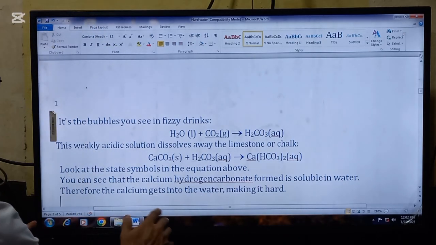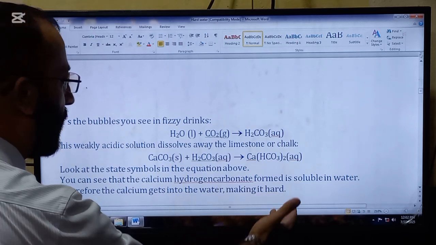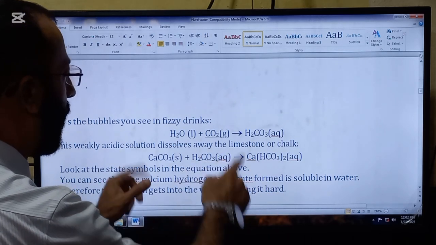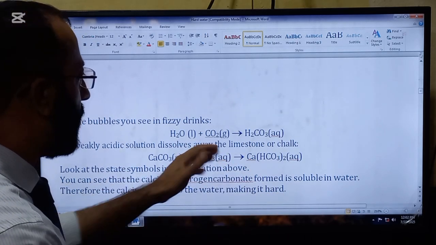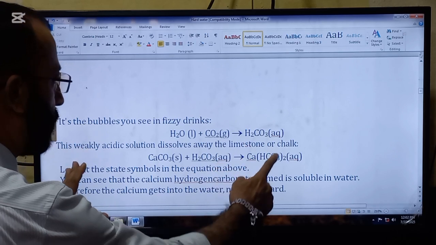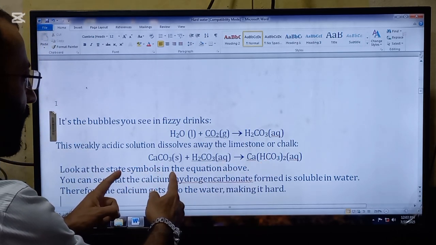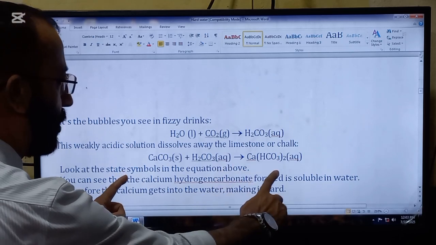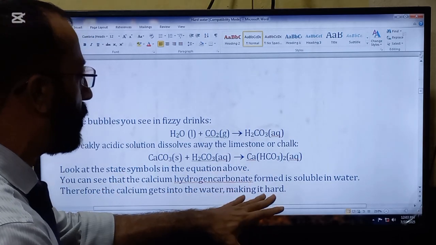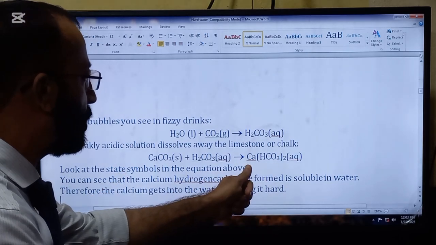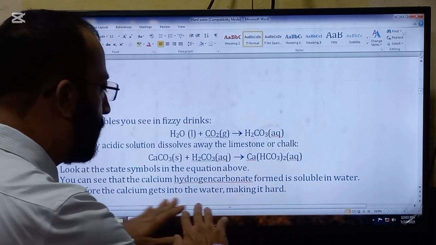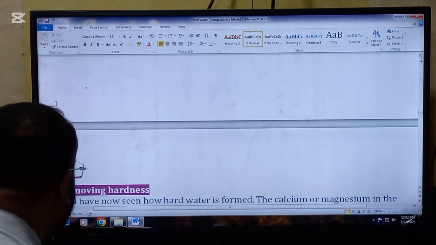Therefore, the calcium gets into the water, making it hard. So this is how carbon dioxide makes the hydrogen carbonate. Hydrogen carbonate reacts with calcium carbonate, making calcium hydrogen carbonate, which is soluble in water. So that is how calcium is dissolved in the water to make the water hard.